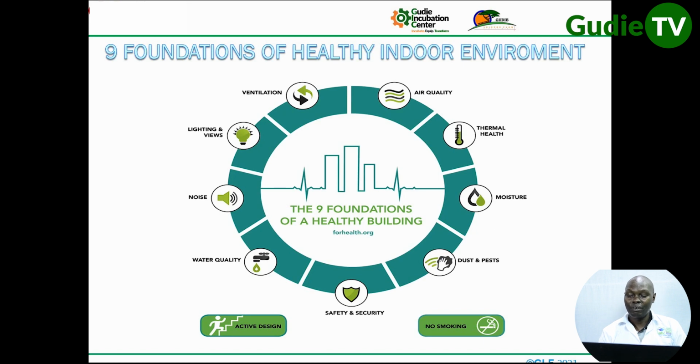Dust and pests, we have talked about them. Animal houses, even the farm at large, should not have dust in them. They should not have pests in them. And therefore, we should always ensure that we clean the dust and also rid the farm environment of dust and pests. Then we also have safety and security.